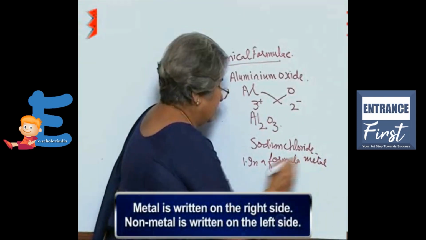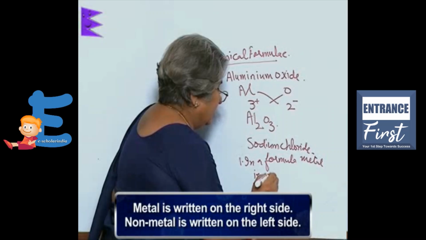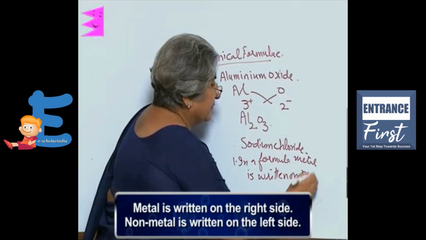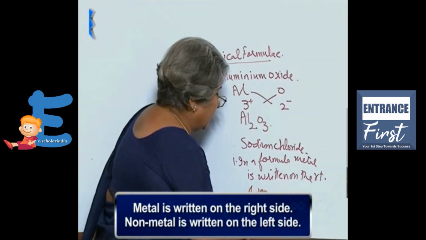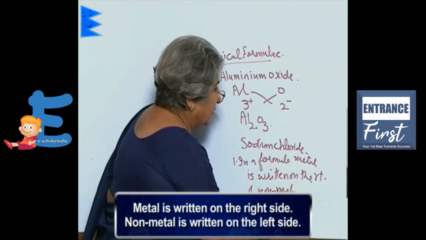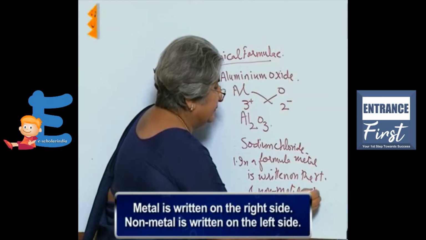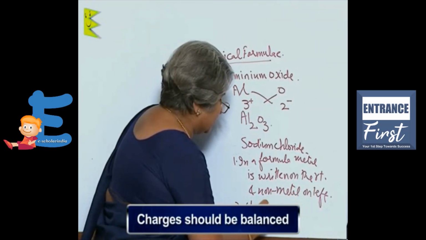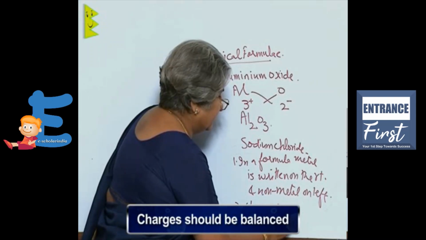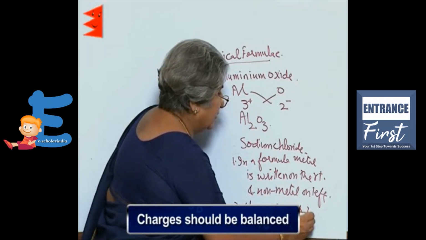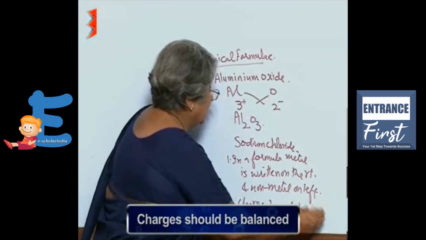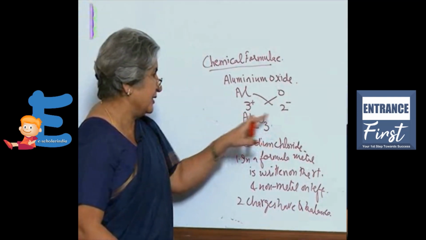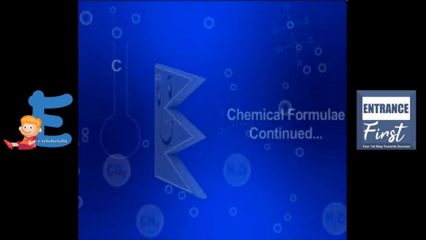Metal is written on the left side and non-metal on the right, and then their charges have to be balanced. Like in this case, because here the charge is 3 and here it is 2, it has to be balanced.